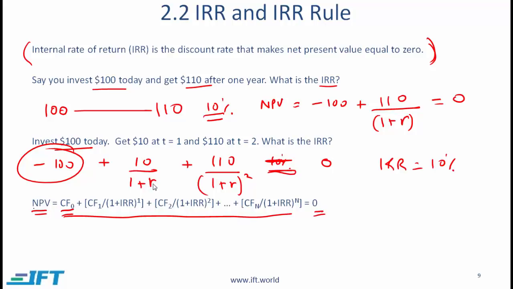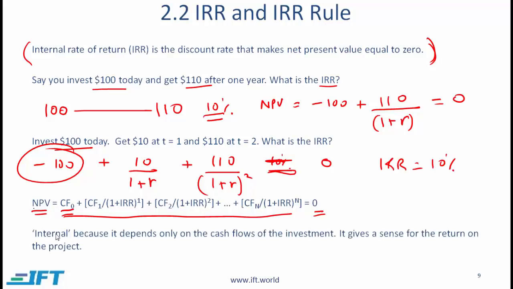We could solve for IRR when we have a relatively straightforward expression, but if this becomes complicated with several cash flows, then we will need to use the calculator. In fact, what you need to learn how to do is use the calculator, which is what we'll do in a few minutes.